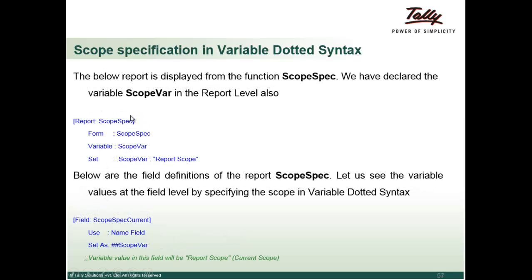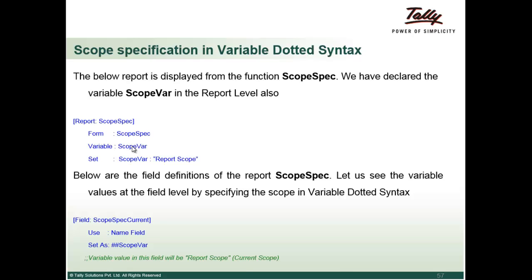Now I have a report in which there is a variable again called scopeware, that is the same name, and this is in the report scope. So I have variables of the same name, one scoped to system, one scoped to function, and one scoped to report. Now in my field, if I want to access the value of this variable from function, from system, as well as from report, how do I do it?